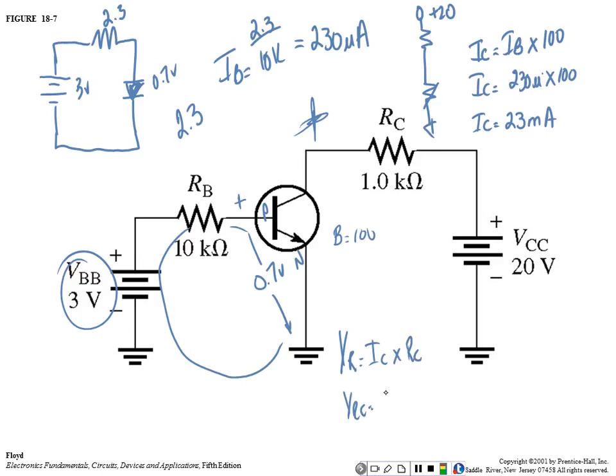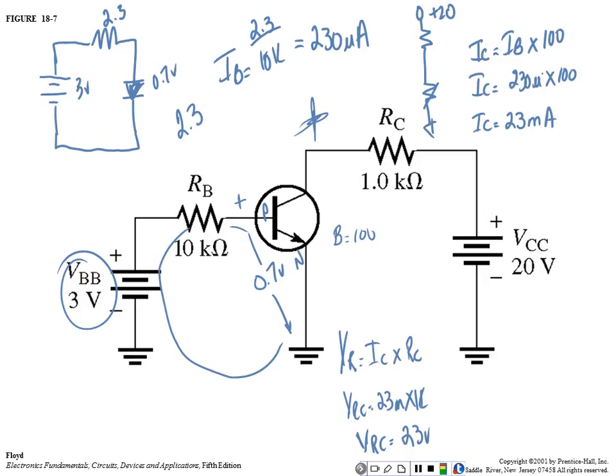VRC would be equal to 23 milliamps times 1K. VRC would be equal to what? 23 volts. What's the problem? We've only got 20 volts to work with. You can't drop more voltage in a circuit than what you have applied to it.